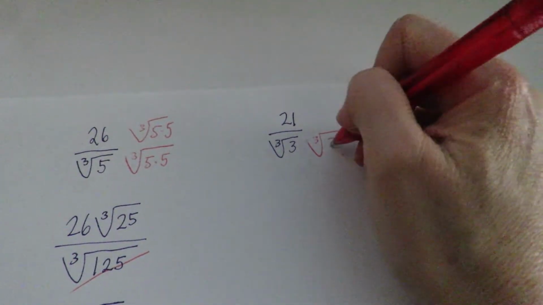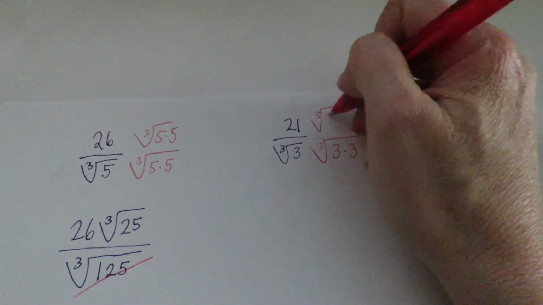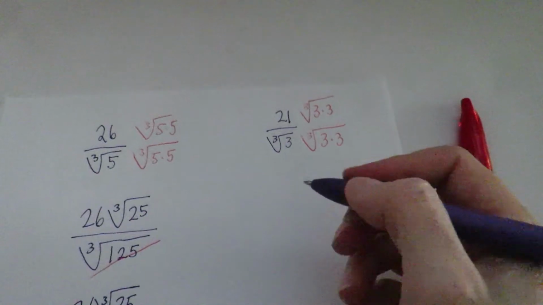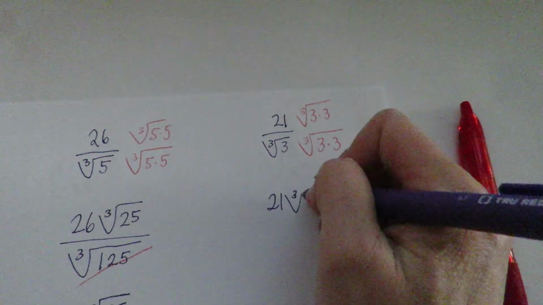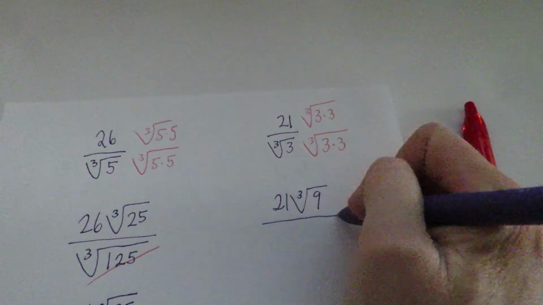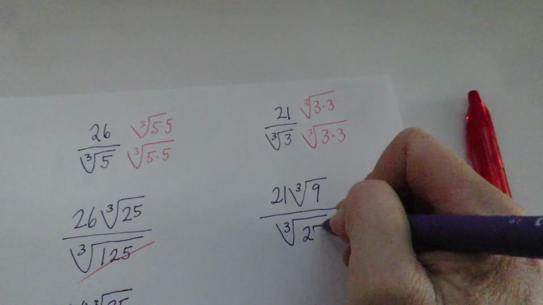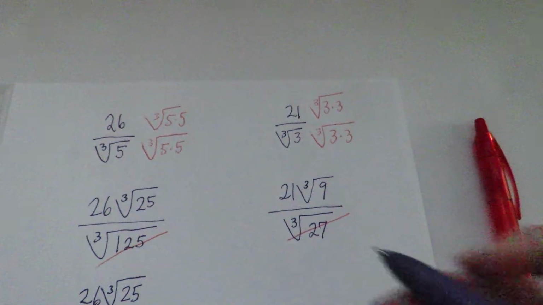So I'm going to multiply that by 2 more big 3s. And that's going to make that a perfect cube in the denominator. So the cube root of 27 comes out as a 3.